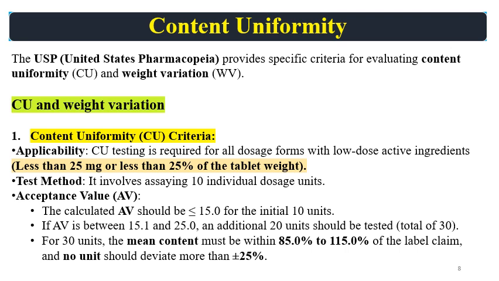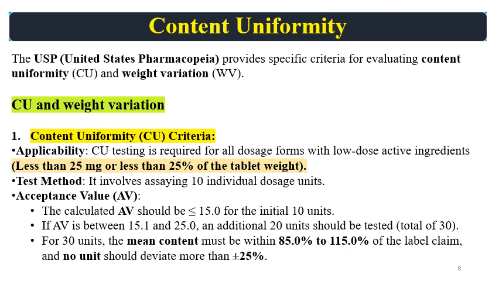Test method involves analyzing the 10 individual dosage units for assay and then calculate the AV value. AV value limit is required to be equal to or less than 15 for the 10 units testing. And if this 10 units testing fails, then you can go for another 20 units, first 10 units, then another 20 units, so total will be 30.